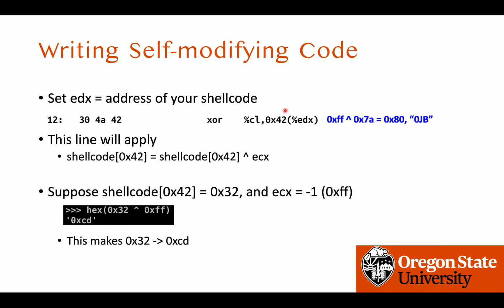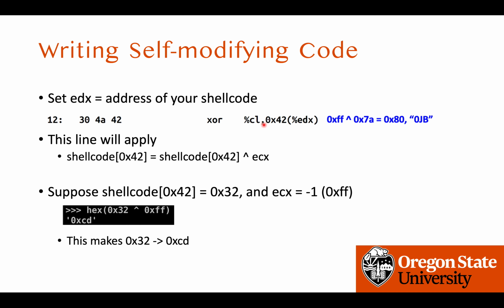What this instruction will do is, if we set the EDX as the address of the shellcode, it will change the byte at offset 0x42 of the shellcode by applying XOR to the value in the CL.